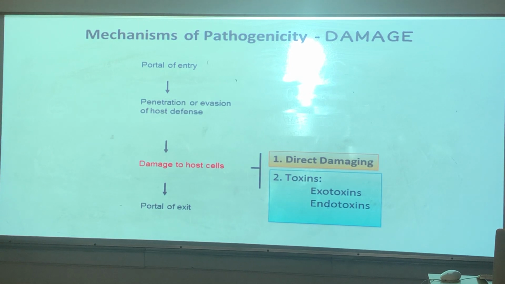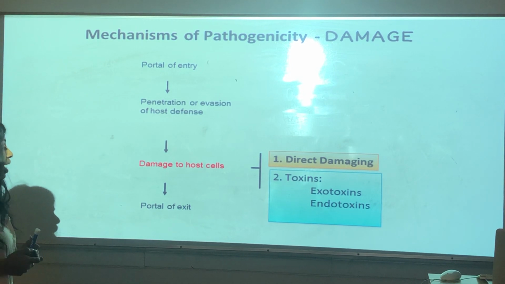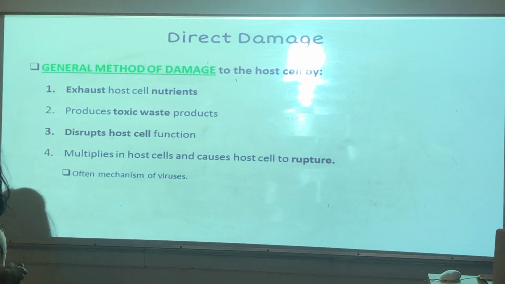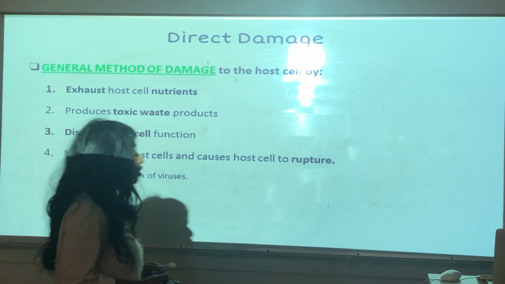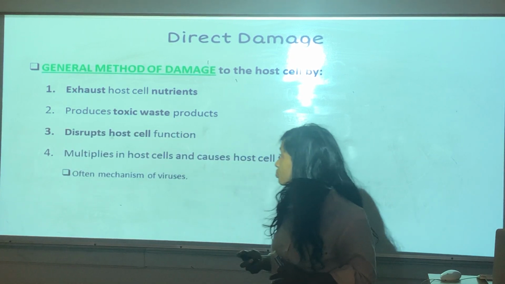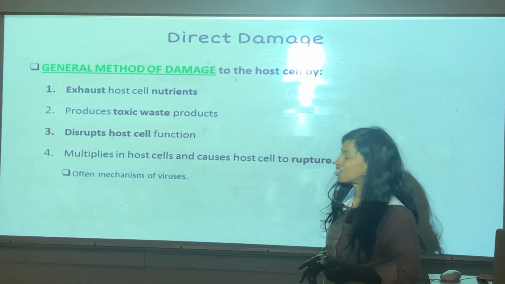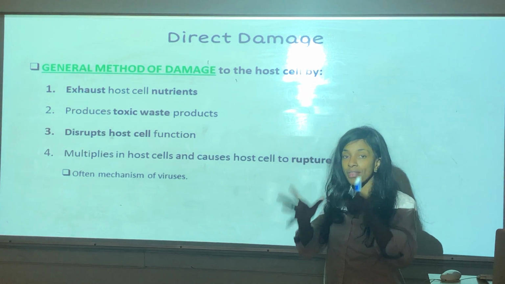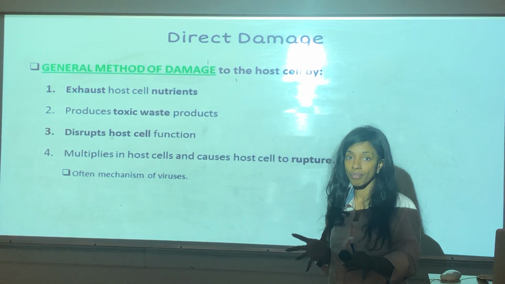So I separate this into direct damage, and then we have toxins, all right? So what is direct damage? Direct damage is just a way of saying general damage by the foreign invader. And the foreign invader is going to cause damage just by being in the host and growing, all right?